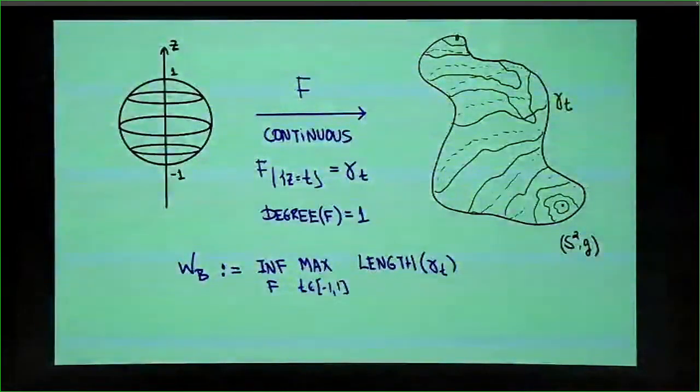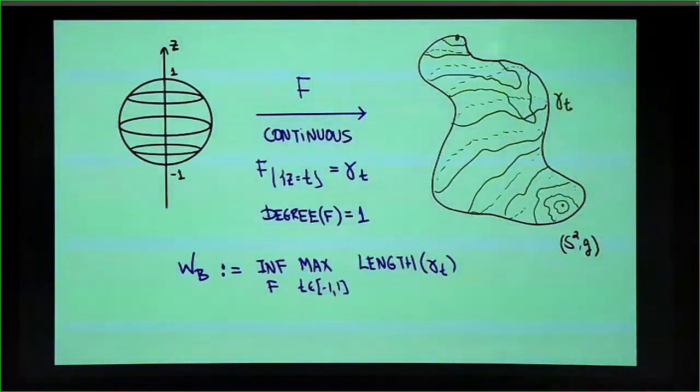So let's try to model mathematically this idea of a closed loop going through your two-dimensional sphere. Okay? And how can we model this? Well, I think it's very natural to consider this kind of object here. So we think of the Euclidean sphere. The Euclidean sphere is, of course, foliated by horizontal circles.